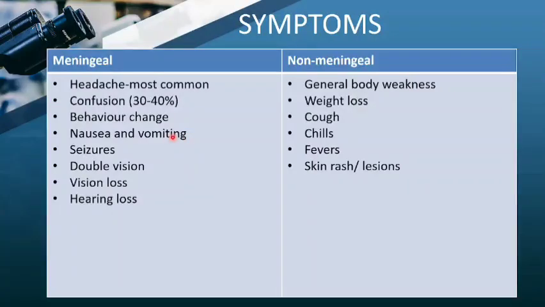That could actually relieve the headache. There could also be seizures, double vision, visual loss, and hearing loss. Non-meningeal symptoms include a generalized body weakness, a loss of weight, cough, chills. These are more like B symptoms, fever, and skin rash or skin lesion.